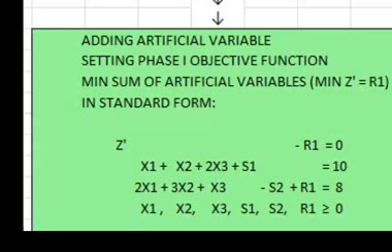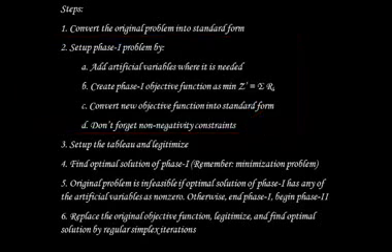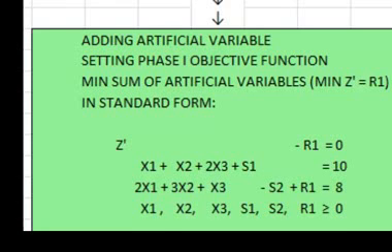So we will have z prime minus R1 equal to 0, with x1 plus x2 plus 2x3 plus s1 equal to 10, and 2x1 plus 3x2 plus x3 minus s2 plus R1 equal to 8. x1, x2, x3, s1, s2, and R1 are all greater than or equal to 0.